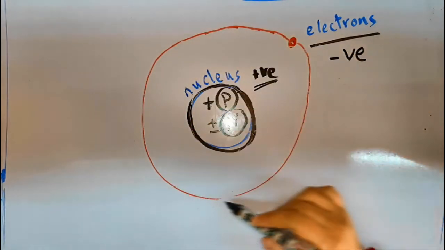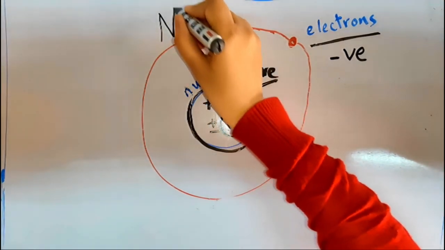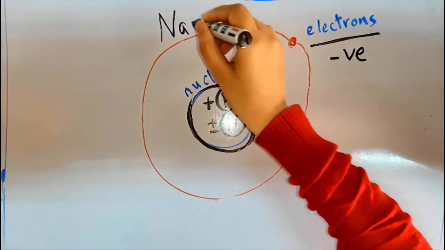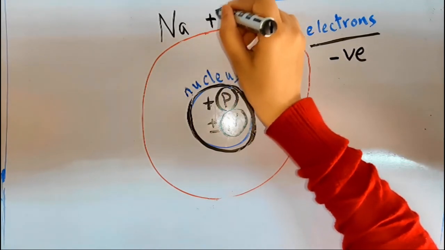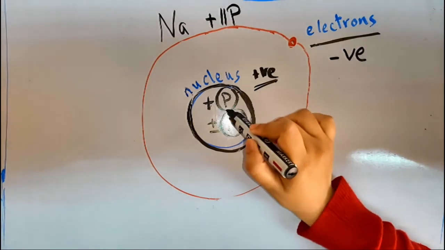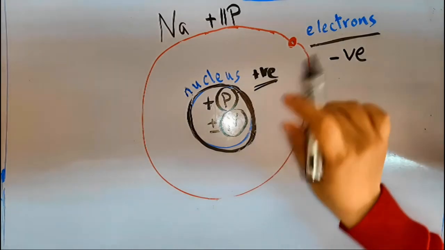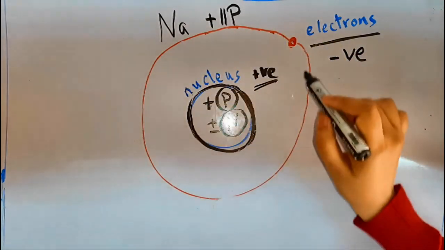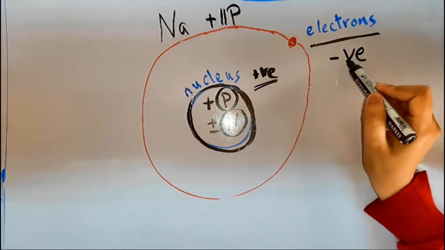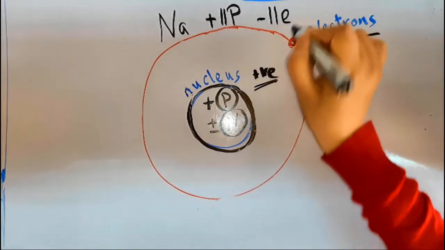Because we have positive and negative, and the number of positive protons equals the number of negative electrons, this makes it neutral. If we are talking about sodium, it has positive 11 protons inside the nucleus, and around the nucleus it has negative 11 electrons.